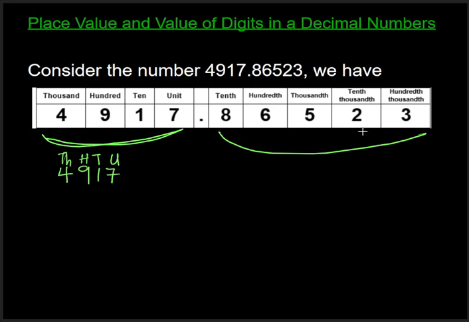What happens in the fractional part? Now take note, immediately after the decimal point, the first digit there is what we call the tenth, ending with th.